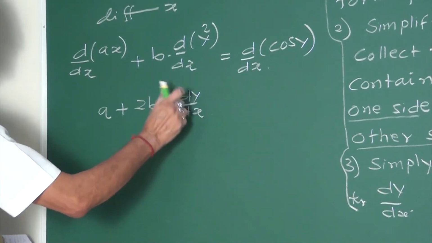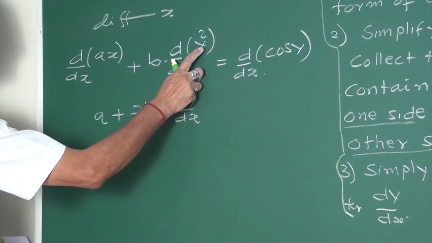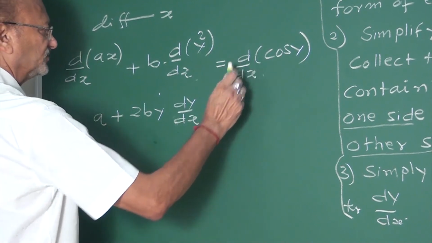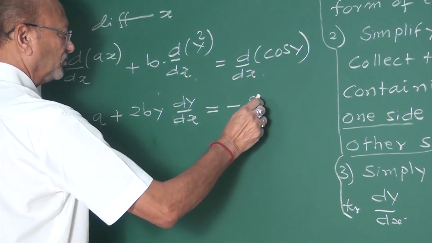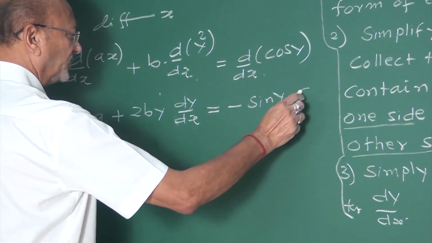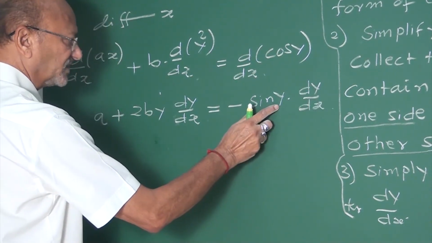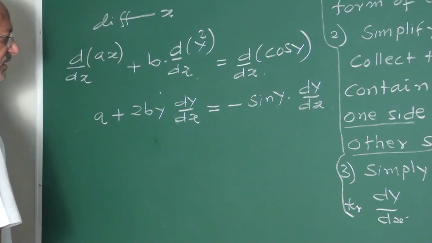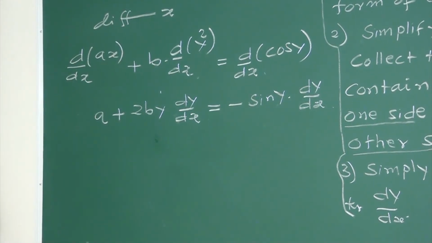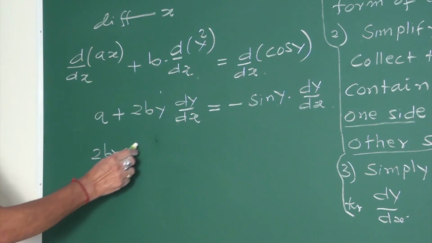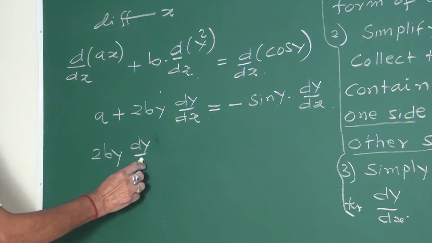Why, my friend? It is other than x. Other than x means you write its derivative. Equals cos y, the derivative of cos is minus sin y. Once again, function of y means dy by dx. Otherwise, it is other than x, write its derivative. Yes, my friends. Collect one side: it is 2by into dy by dx.